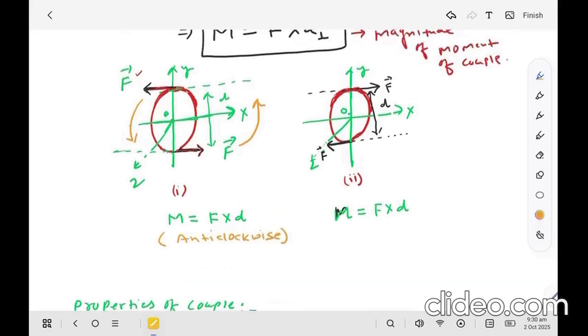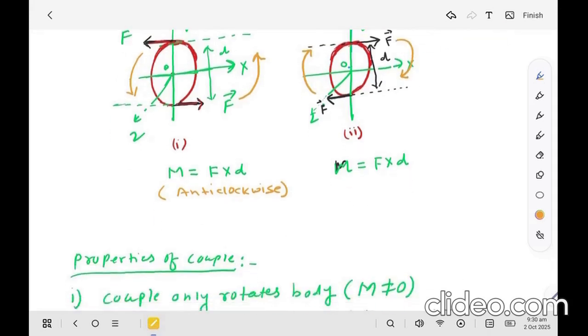And if we look here, this couple has a tendency to rotate this body in this direction. So the direction of the rotation of the body due to this moment of couple is in the clockwise direction. So this is the clockwise.